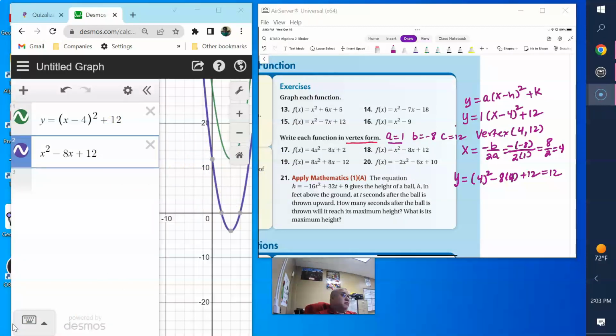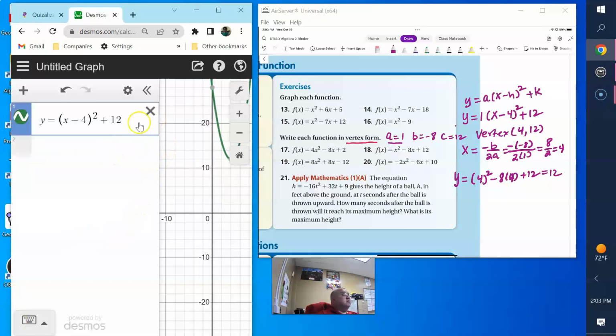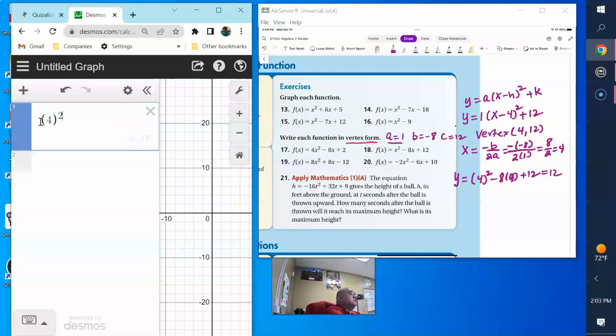That's 4. So let me come over here, and I'm going to type in parentheses 4 squared minus 8 times 4 plus 12.